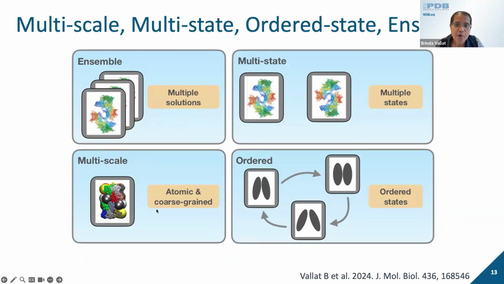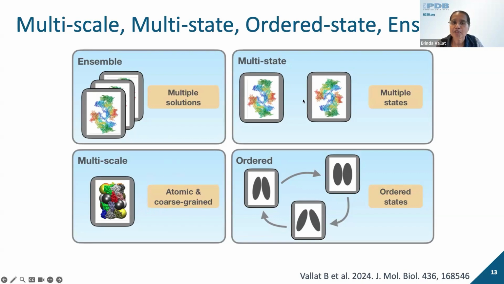Multi-scale refers to models that have both atomic and coarse-grained representations, and the coarse graining can be at different levels. You can coarse grain as a single residue bead or multi-residue beads, or even at a domain level. So that is what we refer to as multi-scale.